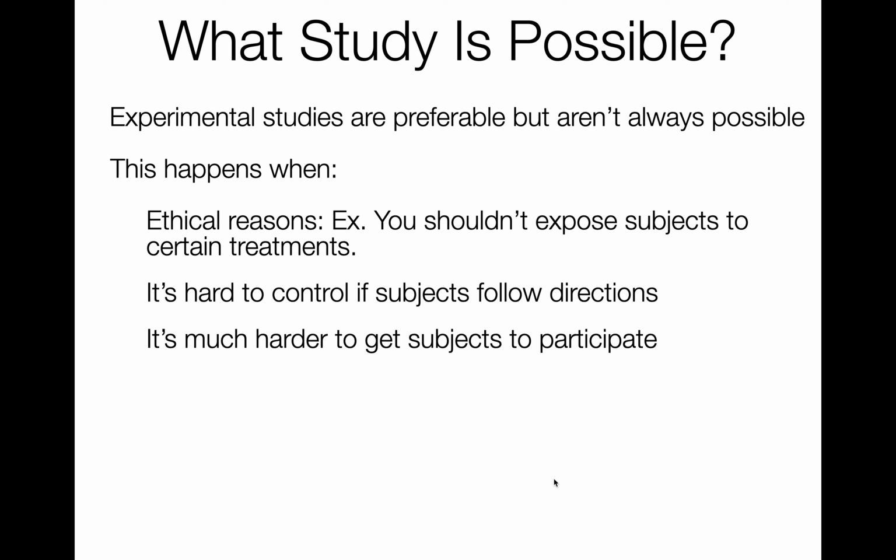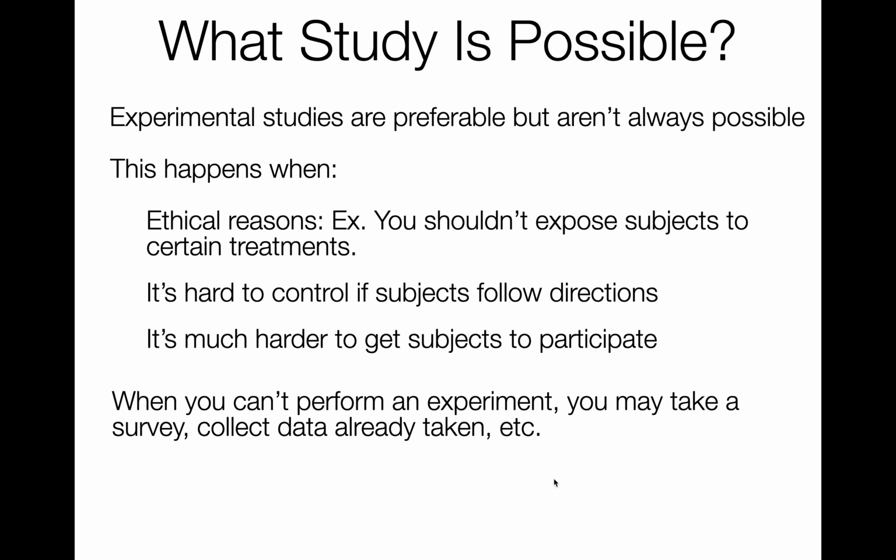And in certain circumstances, it may just not be possible. And for experiments, it's a lot harder for the researchers to get people to participate. There may be some risk involved, or people may not want to take the time to be part of it. They may drop out halfway through the treatment, so on and so forth.